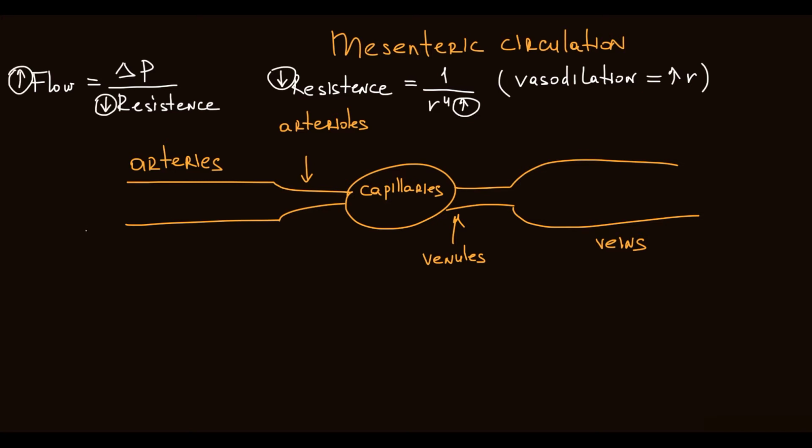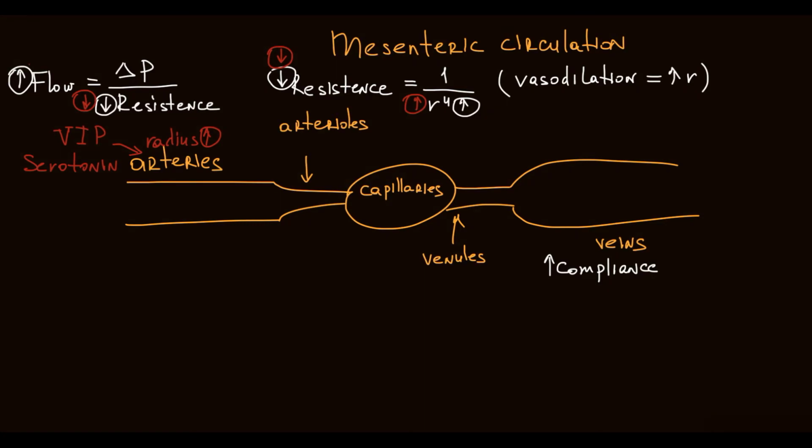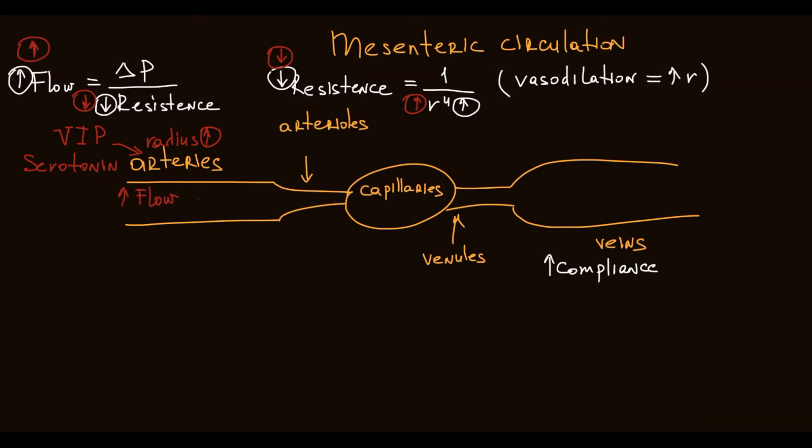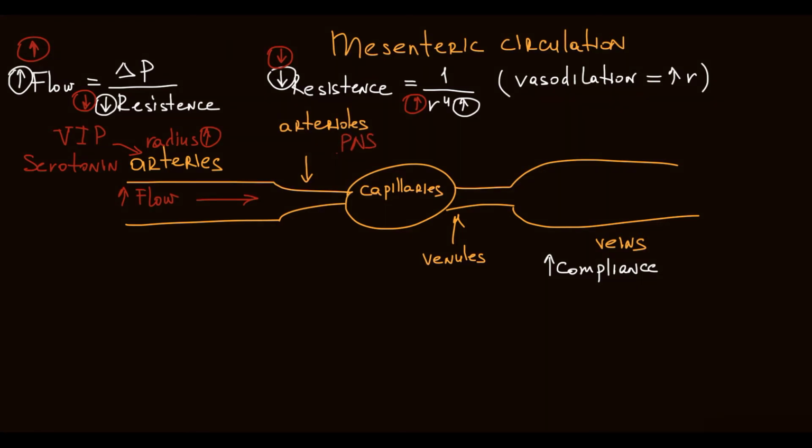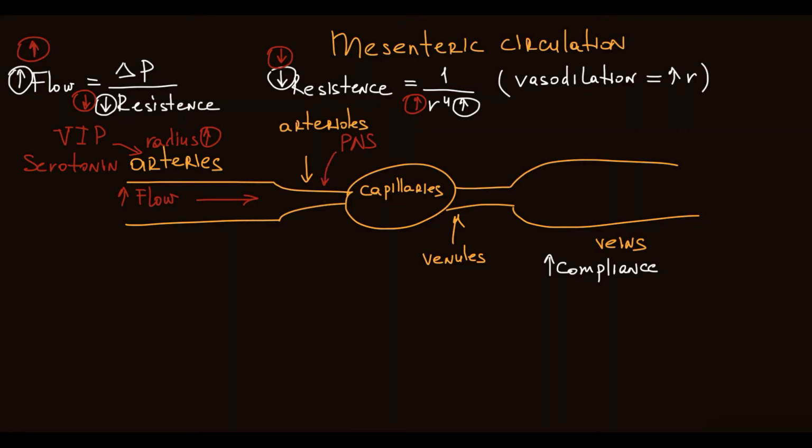Veins serve as major collectors of blood, because they have very high compliance, which basically means they can easily dilate. And when the intestine secretes vasoactive intestinal peptide and serotonin, these two hormones cause massive vasodilation that affects primarily arteries. The radius of arteries increases, and with the increase in radius, arterial resistance decreases, and with decrease in resistance, flow through arteries increases. Also, the parasympathetic nervous system becomes activated. It causes additional vasodilation, and also relaxation of the precapillary sphincter in arterioles.